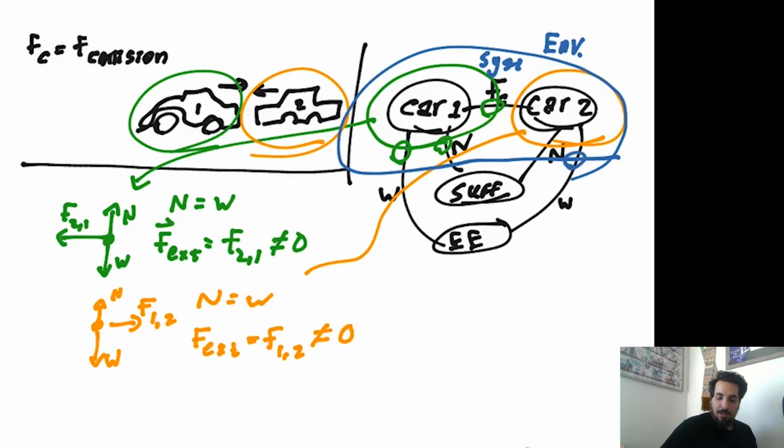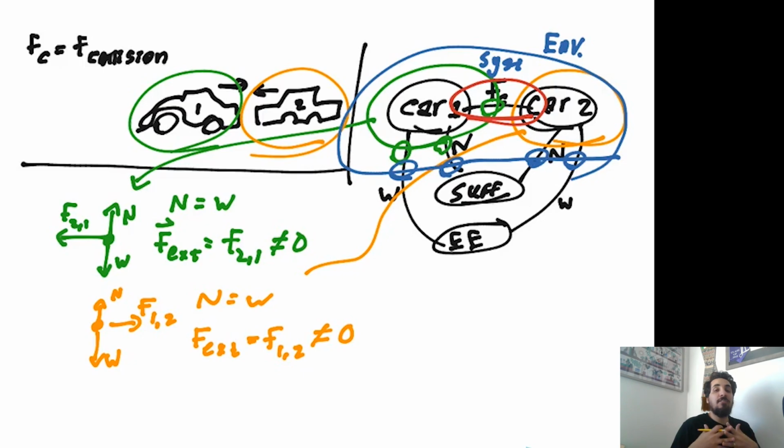And we take a look at the interactions that are crossing that boundary between environment and system. We have the normal force and the weight of car 1 and car 2, but this interior interaction of the collision doesn't cross the boundary. That interior collision force is held within our system.